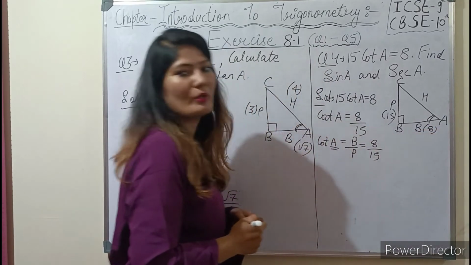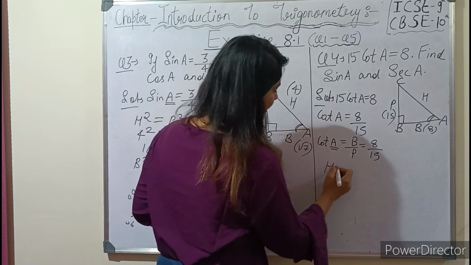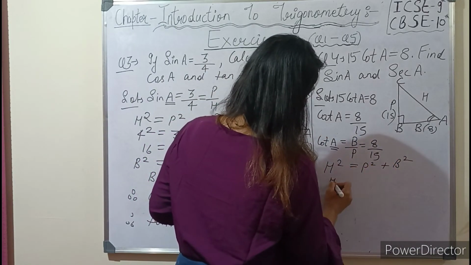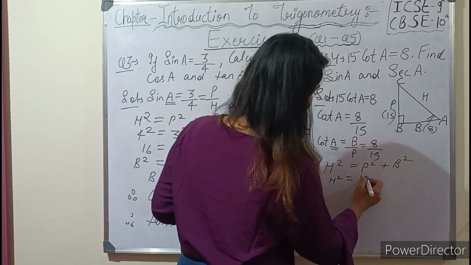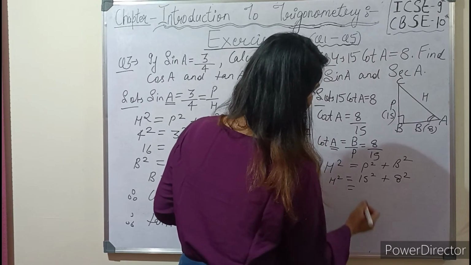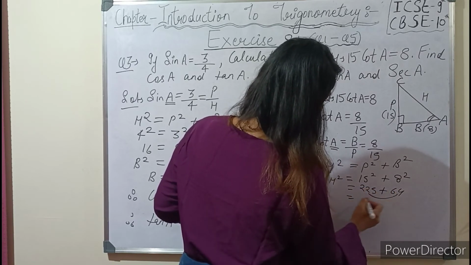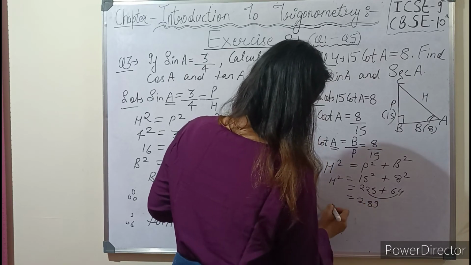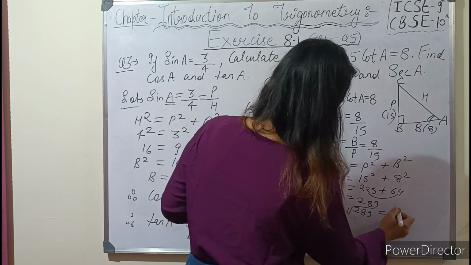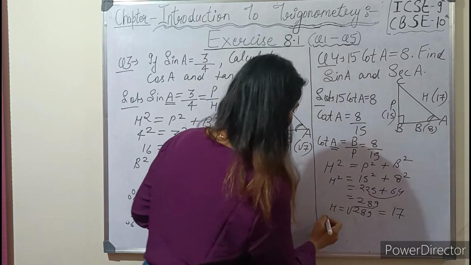You need to find the value of H. Again by applying the Pythagoras property, that is H square is equal to P square plus B square. H square is equal to 15 square plus 8 square. 15 square is 225 plus 64, that is 289. So the value of H is the square root of 289, that is 17. So here the value of H is 17.